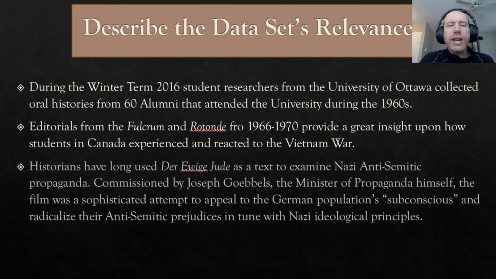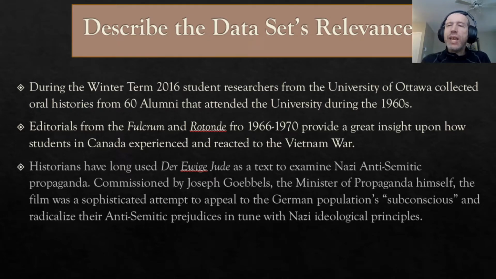Historians have long used Der Ewige Jude as the text to examine Nazi anti-Semitic propaganda. Commissioned by Joseph Goebbels, the Minister of Propaganda himself, the film was a sophisticated attempt to appeal to the German population's subconscious and radicalize their anti-Semitic prejudices in tune with Nazi ideological principles.